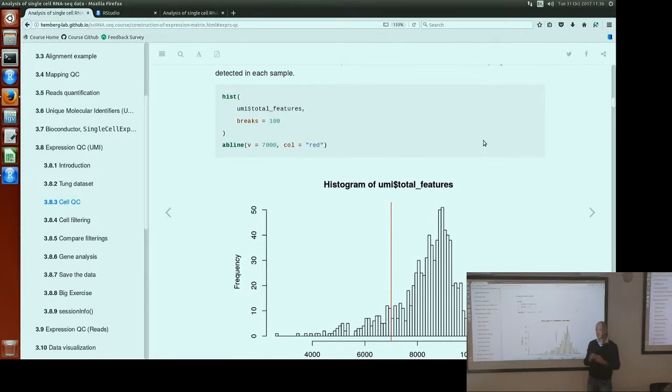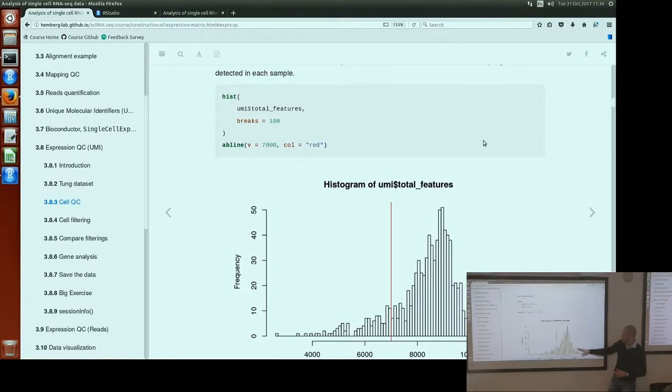Instead of looking at the original matrix, we create a binary matrix from it, where we have zeros and ones. 1 means that gene is expressed, 0 means that gene is not expressed, and then we count the ones in each cell. And this is the histogram of these values.